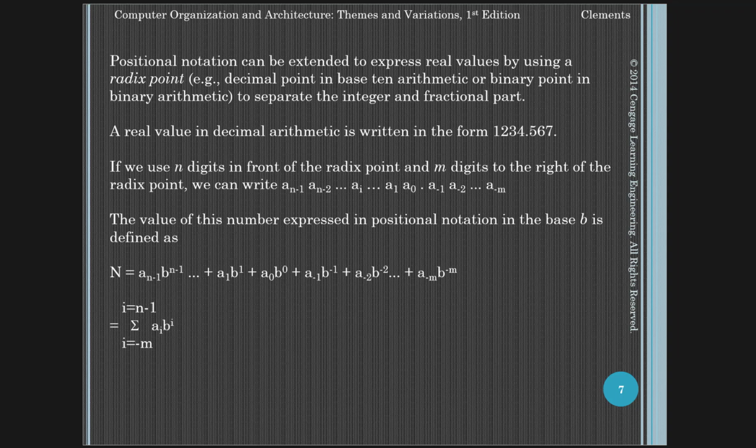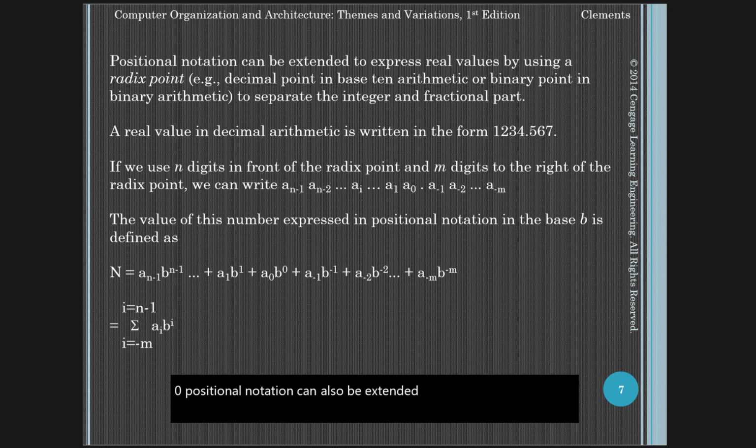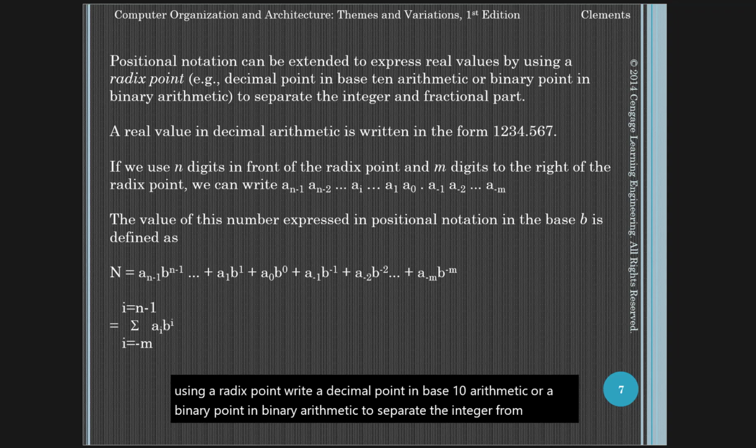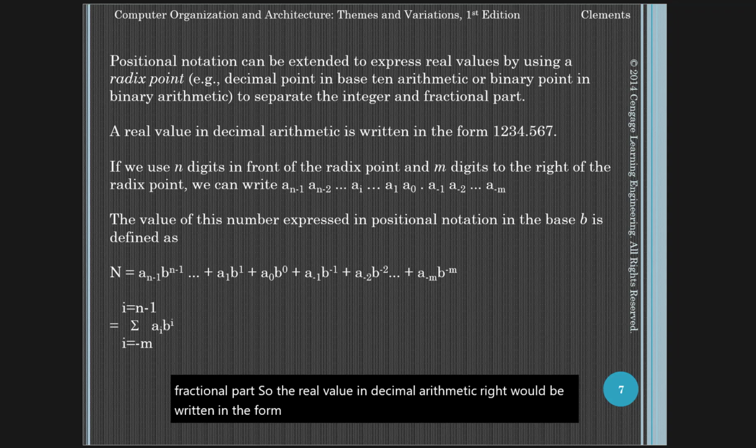So positional notation can also be extended to express real values by using a radix point, right? A decimal point in base 10 arithmetic or a binary point in binary arithmetic to separate the integer from the fractional part. So the real value in decimal arithmetic would be written in the form of, for the example here, 1234.567.